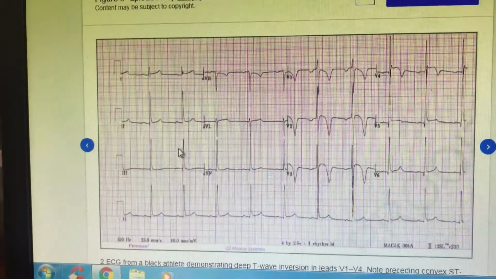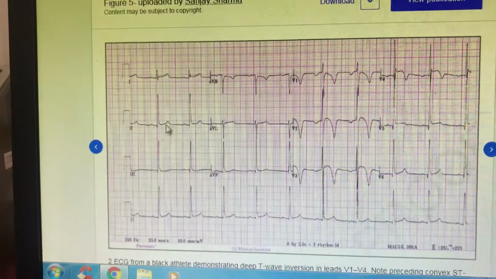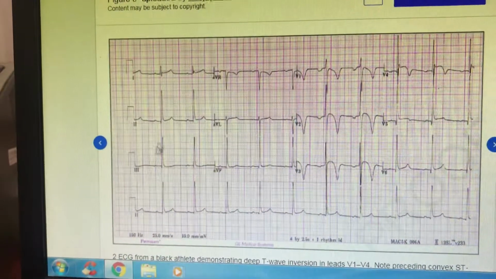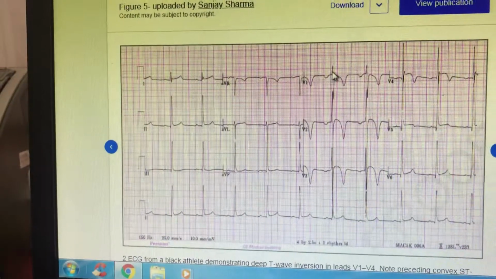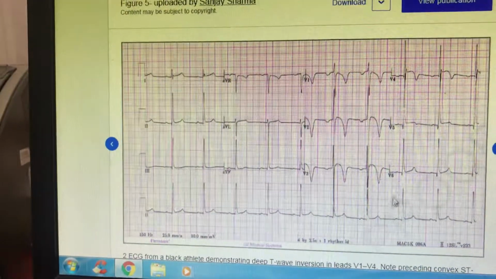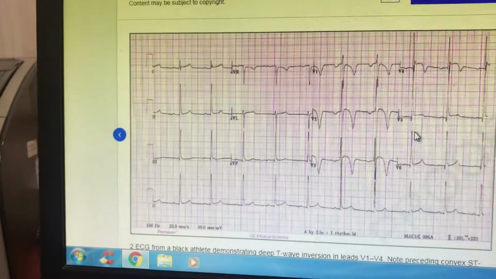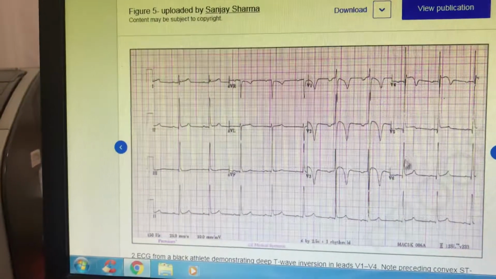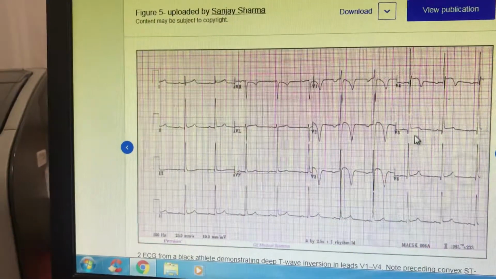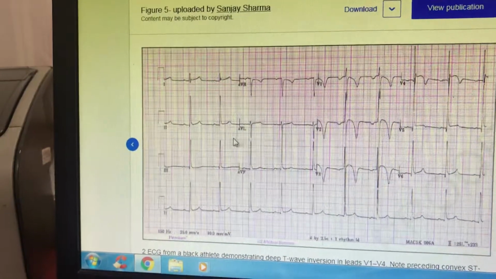There is a deep Q, a good Q, in II, III, aVF, and there are huge R waves in II, III, aVF. Okay, and there is a good amount of R in the anterior leads, and a good amount of Q in the lateral leads. Most significantly this suggests that there is dilatation of the LV also, because you can see that the Qs are deep enough, and there is a huge amount of R wave in the lateral leads and inferior leads.